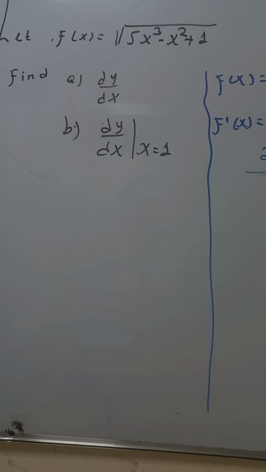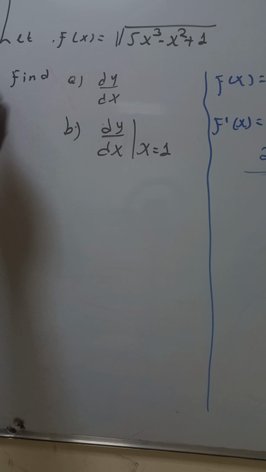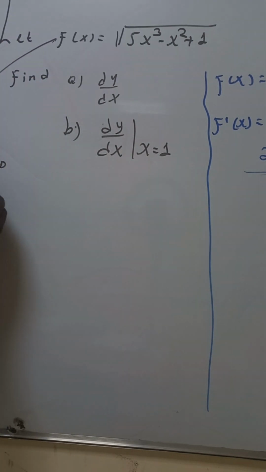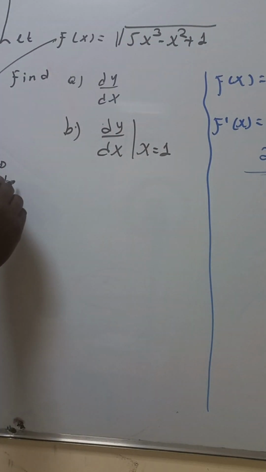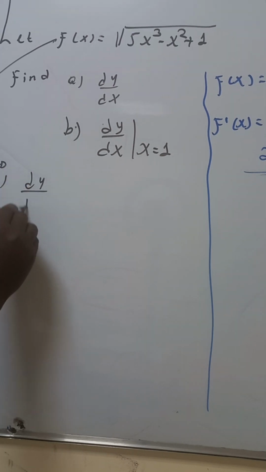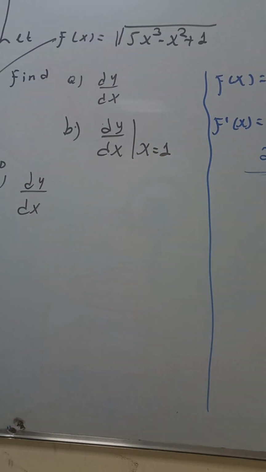Now let me explain how we are going to find the derivative of this problem. First, let's find the derivative. When you find dy by dx, that is simply f derivative at x.